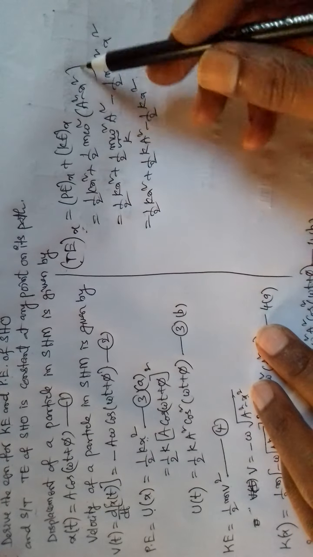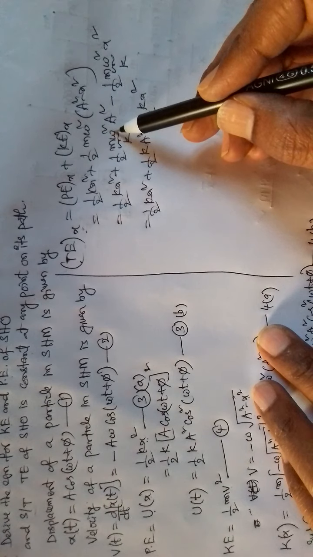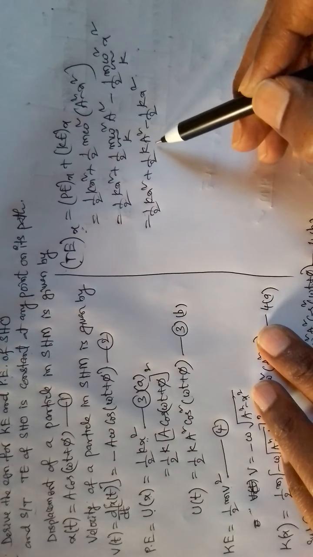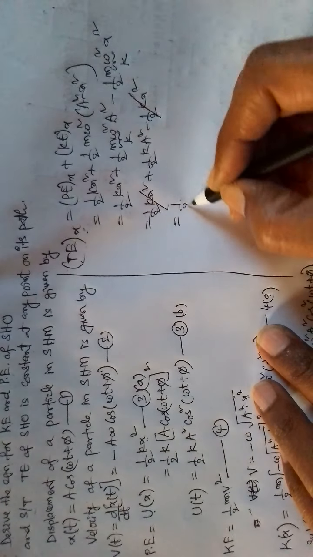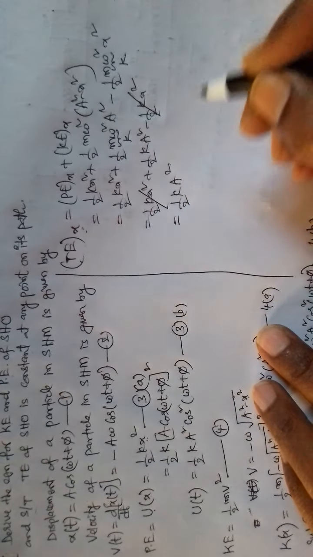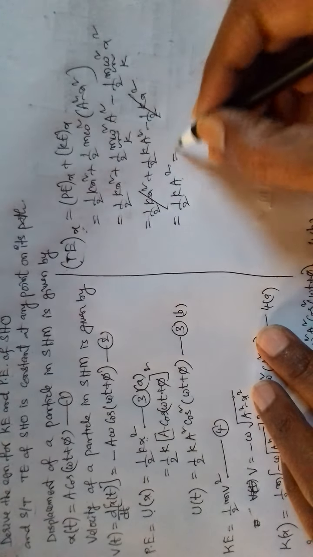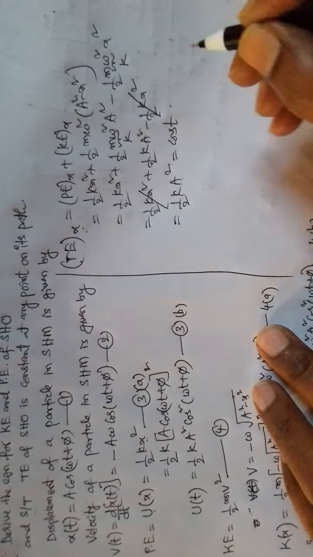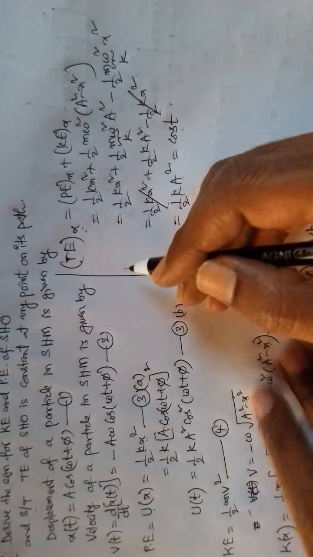So here we have substituted the values and expanded. Here in place of m omega square we write k, so we got this 1 by 2 kx square minus 1 by 2 kx square cancel. So the total energy is 1 by 2 ka square. K is a constant, a is a constant. So this is a constant. That is, total energy is a constant. So now we have proved.